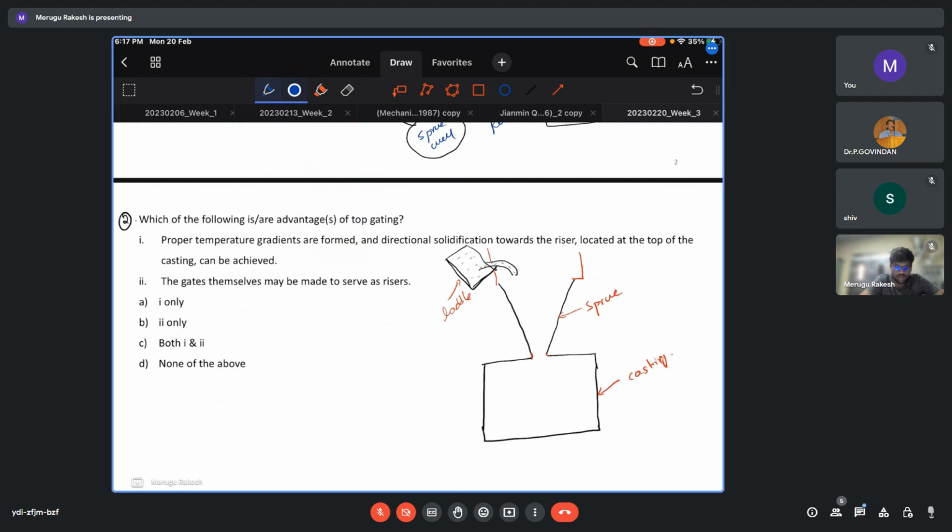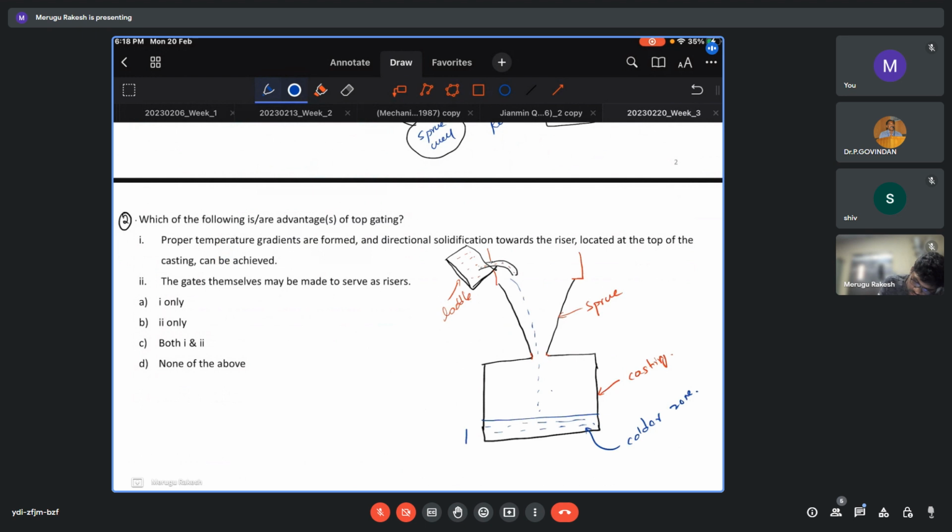No. Okay. The first option is: proper temperature gradients are formed and directional solidification towards the riser located at the top of the casting can be achieved. Suppose you take this casting. When you pour, it fills in this direction, fills the bottom first, and this will be the colder zone.